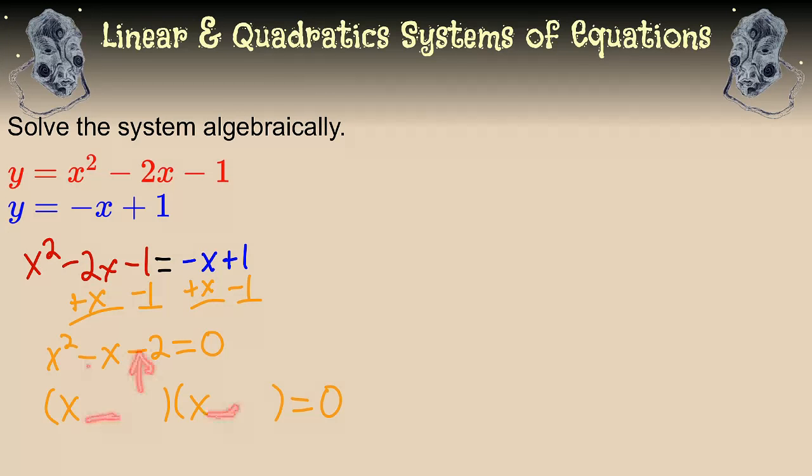And the only way for that to happen is to have one of them be positive and one of them be negative. Now, this times that has to be -2, and these things have to add together to give me -1. And it's going to be -2 and +1.